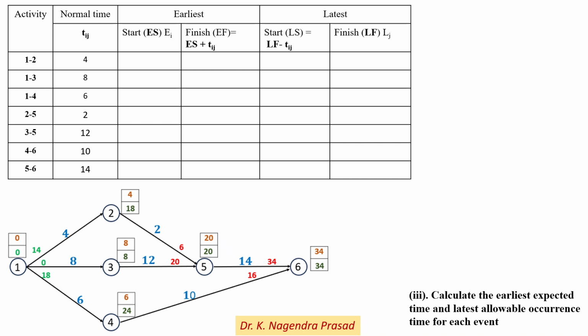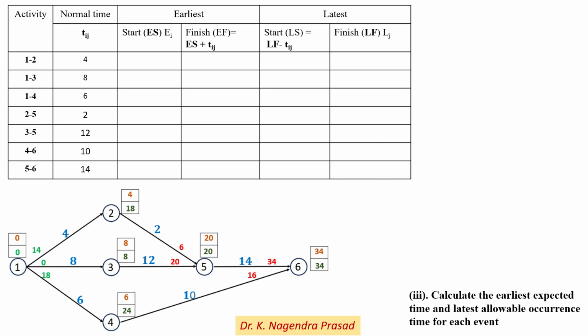Next is the earliest start time ES, and the next column is the earliest finish time EF, which is equal to ES plus time duration. And next is the latest start time LS, which is equal to the latest finish time minus normal time. And the last column is the latest finish time, LF.